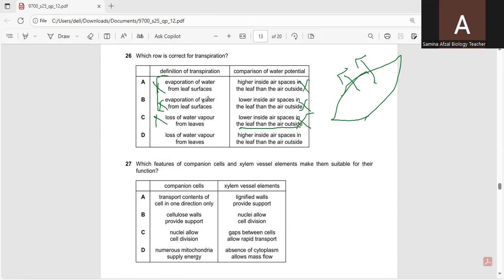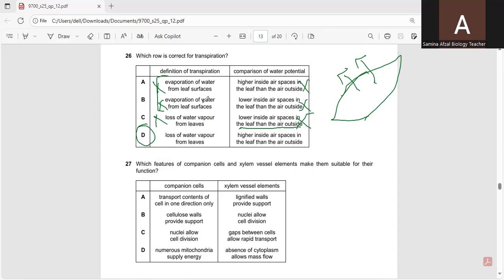So D is the correct option. Question number 27. Which features of companion cells and xylem vessel elements make them suitable for their function? First of all, the companion cells. These are closely associated with sieve tube elements in the phloem. Their primary function is to provide metabolic support, which includes actively loading sucrose into the sieve tubes.